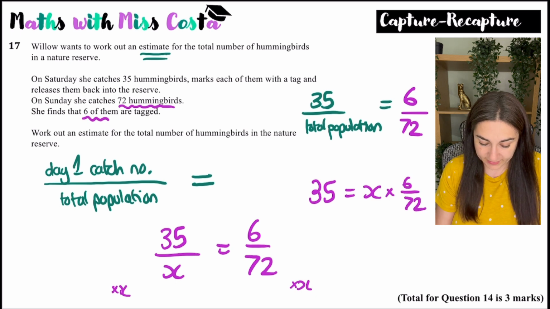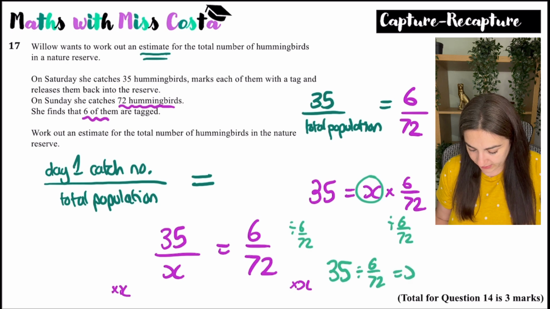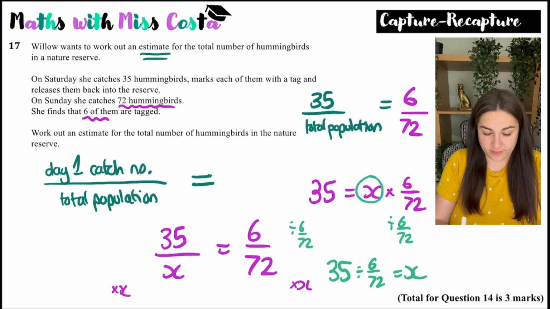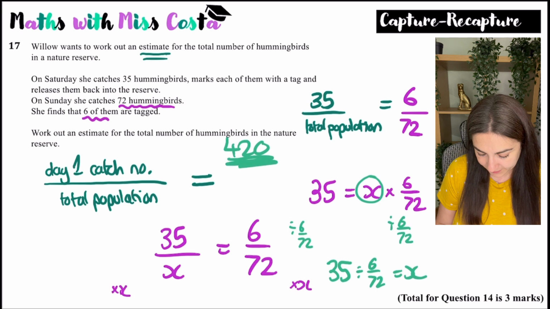And then to get X on its own, you divide both sides by 6 over 72. So 35 divided by 6 over 72 equals X, and that is 420. So that would be an estimate.